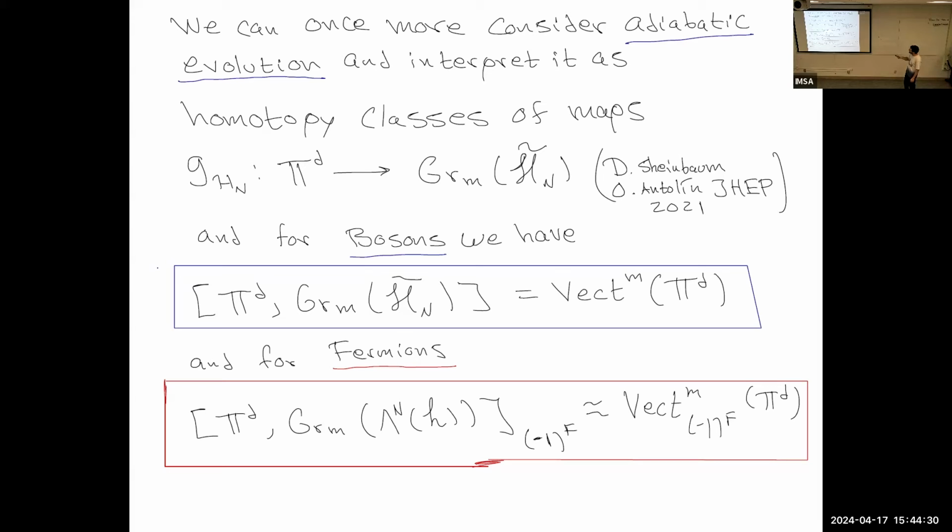They treat this varying a parameter as homotopy class of maps. And so what you would get for bosons is that these phases are equivalent to n-dimensional vector bundles, right? When your ground state is n-degenerate, you get n-dimensional vector bundles over this Brillouin zone. And for fermions, you get something very similar, but it has to respect this parity symmetry. So let me write it this way, which means that it has a symmetry action.